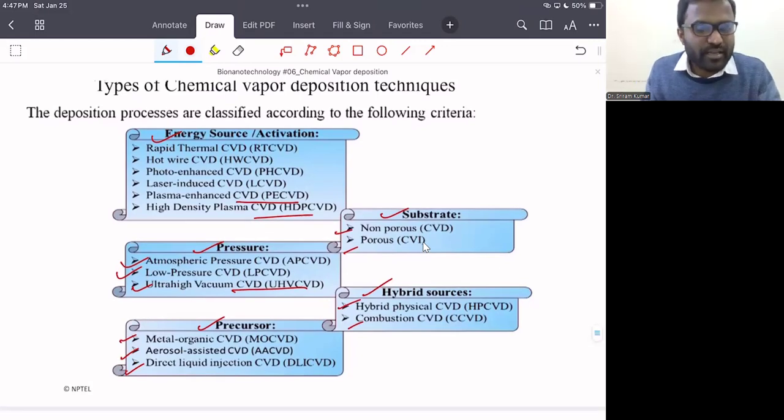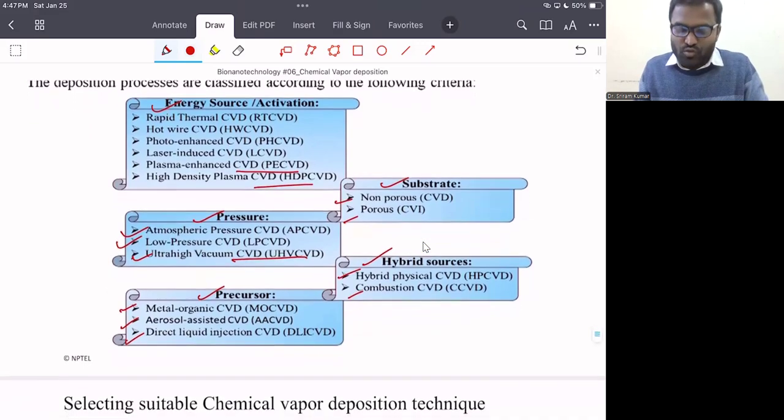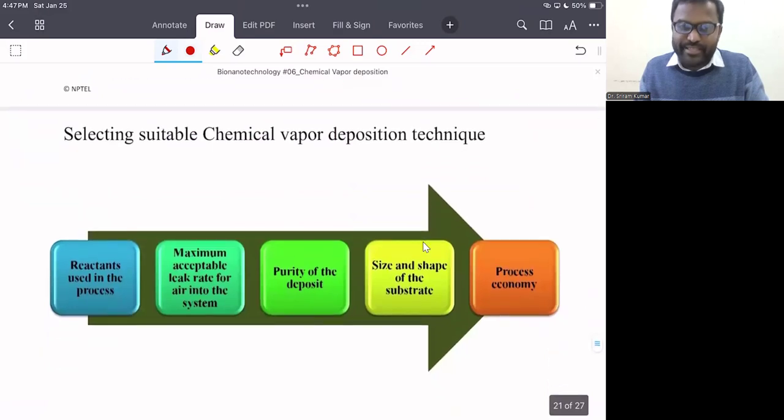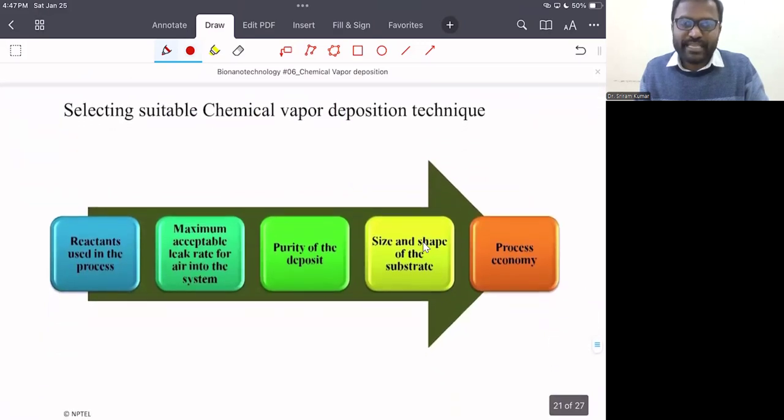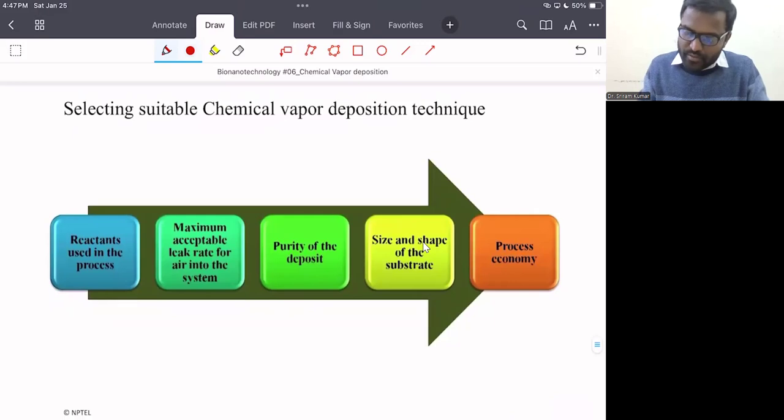Now, the question that comes here is which technique we should use. If you have a technical problem, among these techniques, which technique should I use? For that, we need to understand what kind of things you need. We have 5 points.